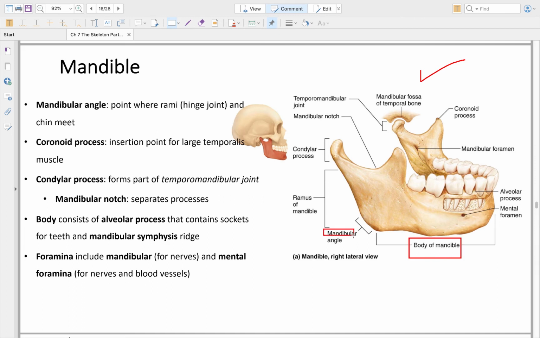That's called the mandibular angle. Okay, this entire ridge is referred to as the ramus of the mandible.